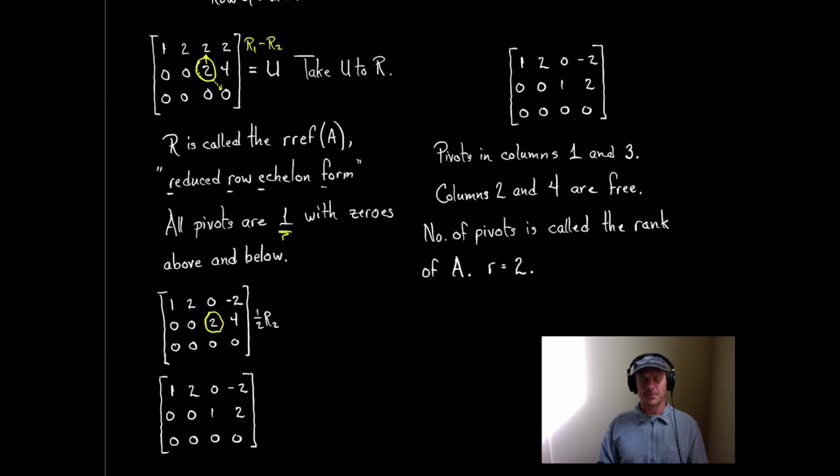Okay, I'm back. Now, also, look at this. If my rank is 2, then the number of columns, which is n, minus the rank is the number of free columns.